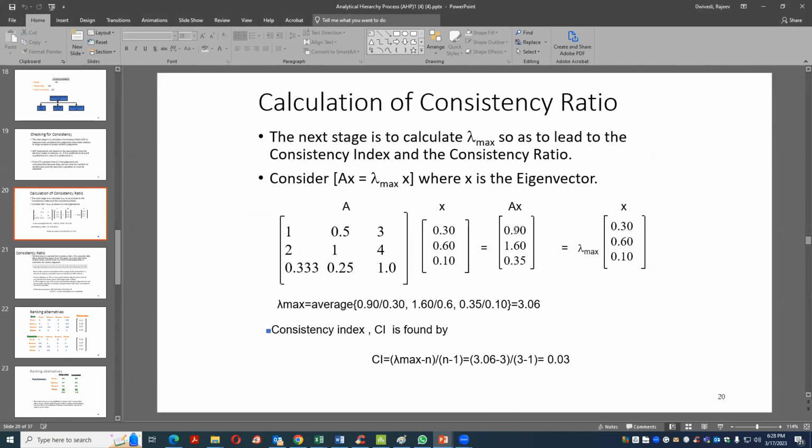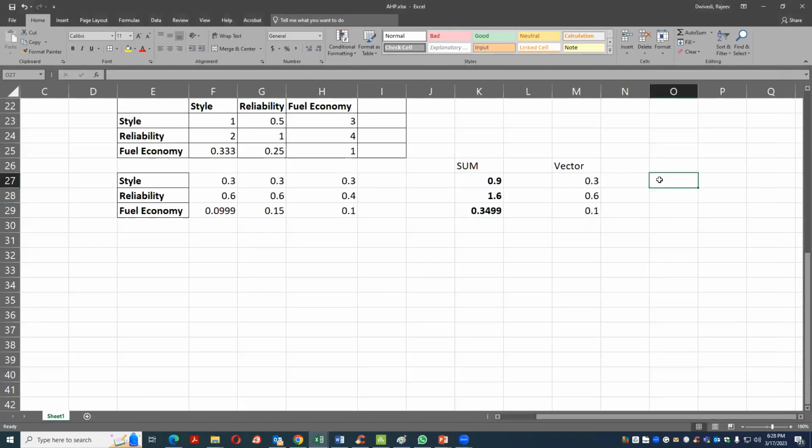So how are we going to do it? We are going to divide 0.9 by this, 1.6 by this, and then we are going to take the average. So equal to this divided by this. Similarly, this divided by this. Similarly, this divided by this.